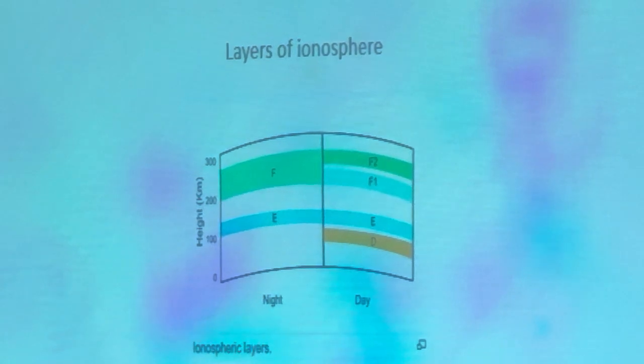These are clouds of intense ionization that can support reflection of radio waves with frequencies up to 50 megahertz and above. This is where, if you get 2 meter skip coming in from distant places, this is probably the layer that is causing it.